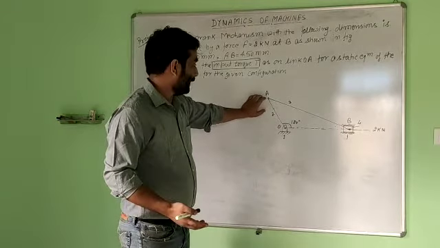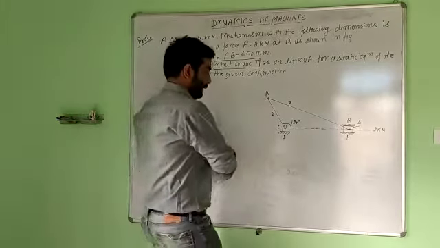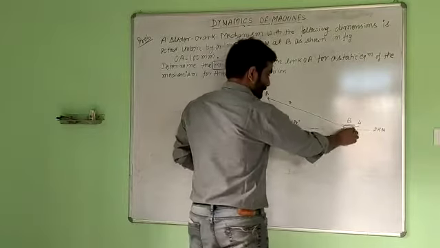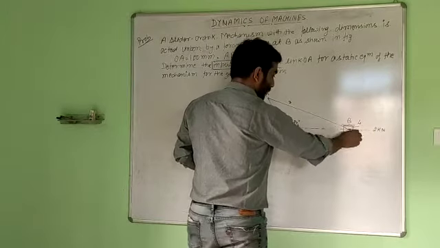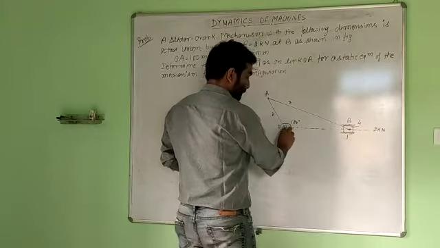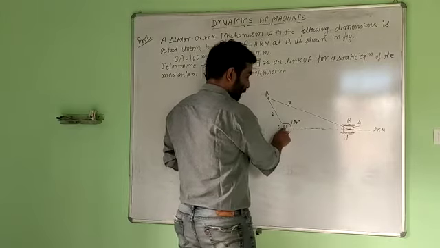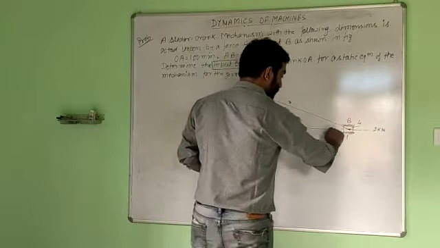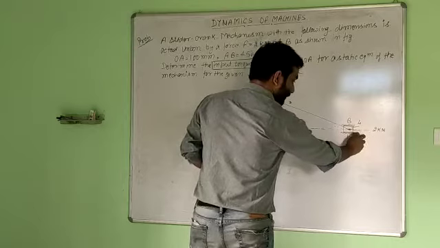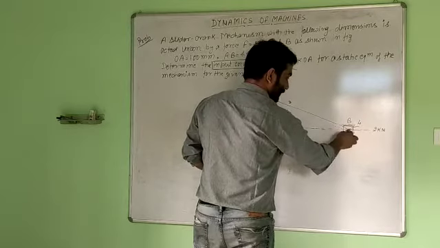Now from point A: in a slider crank mechanism, the slider always reciprocates on the same line as point O. So we will draw a horizontal line on which the slider will slide.